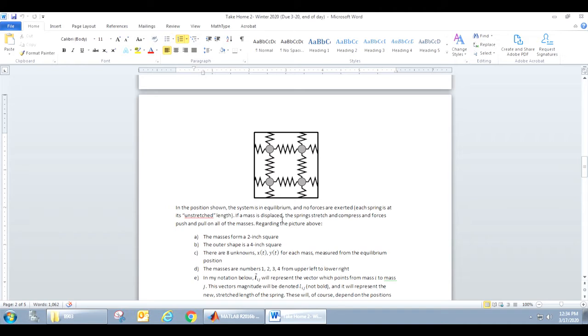That's 8 independent variables, x1, y1 of t, x2, y2 of t, x3, y3 of t, x4, y4 of t. I say independent, I probably shouldn't say that. They are dependent. They depend on each other, they depend on time, they depend on all sorts of things. But there are 8 of them.